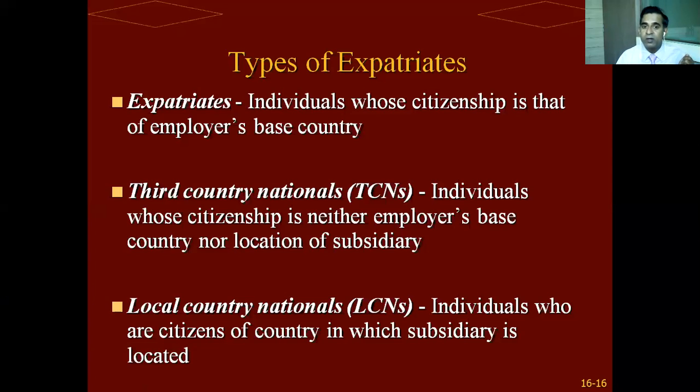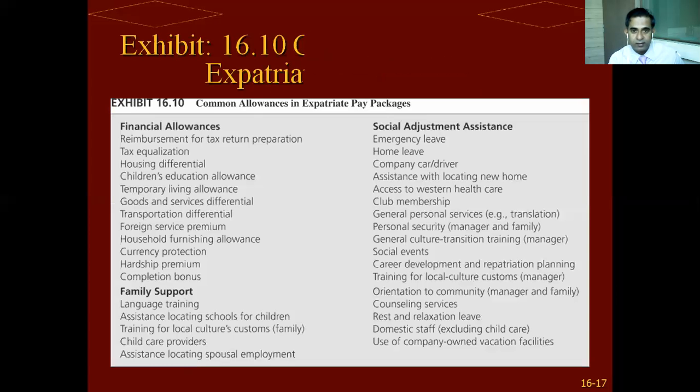These employees are referred to as local country nationals, individuals who are citizens of the country, India, in which the IBM subsidiary is located. But the head office of this company is in America. I hope these types are clear.